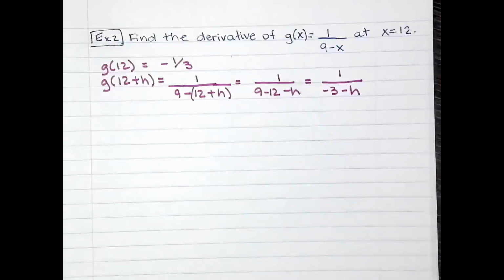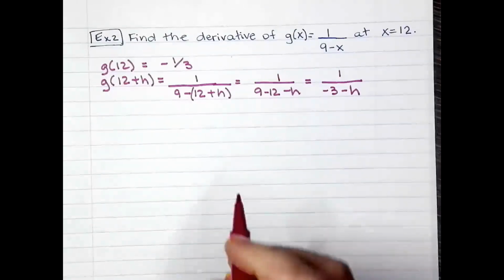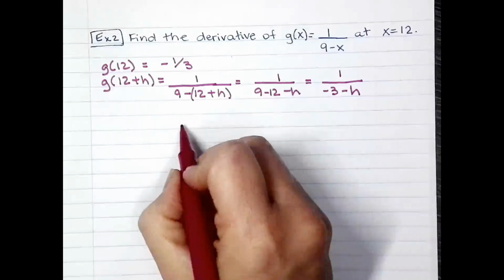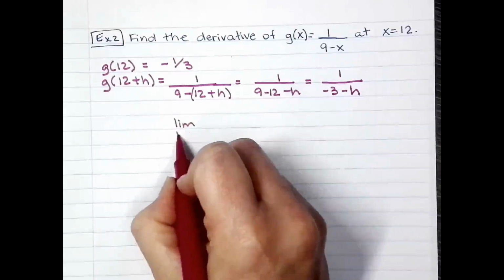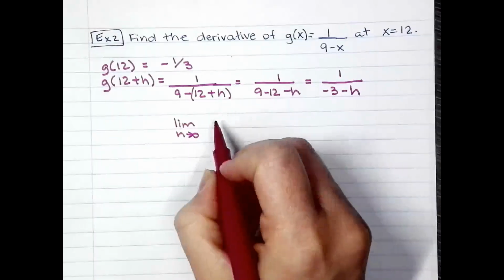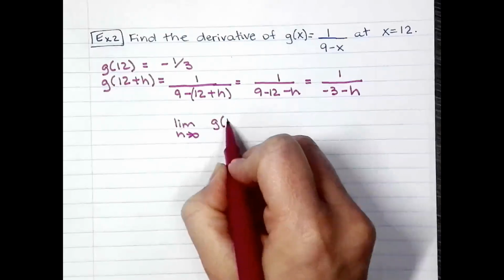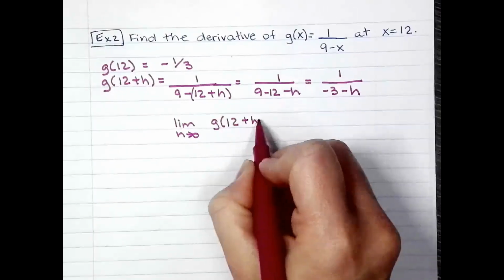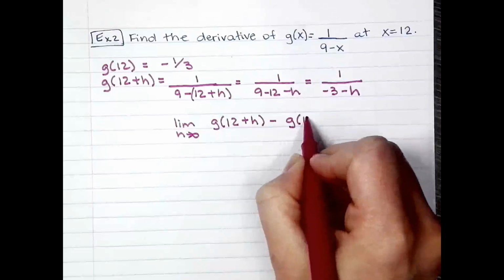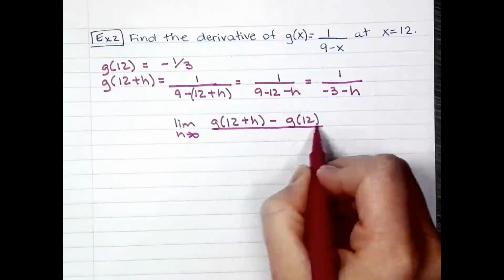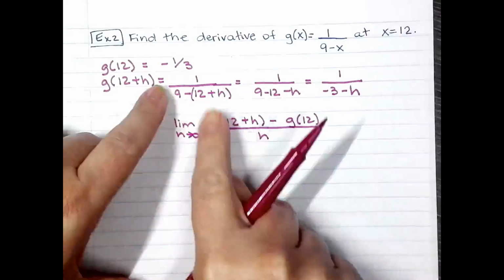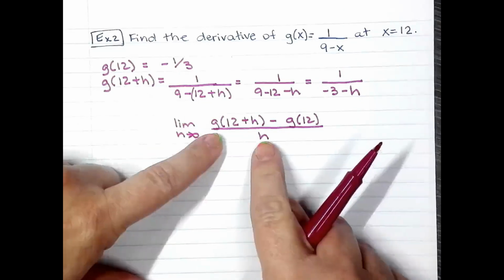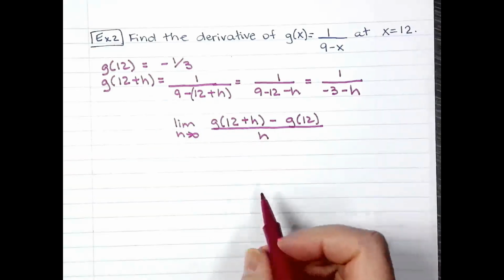Okay, now we're ready to start. So we're doing limit as h approaches 0 of g of 12 plus h minus g of 12, everything over h. Now I have all the information I need. I'll go ahead and substitute that in the formula.